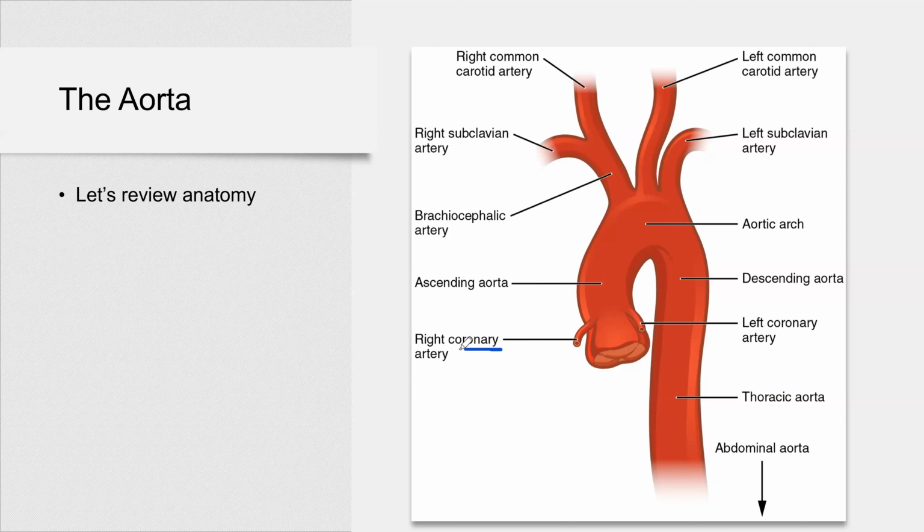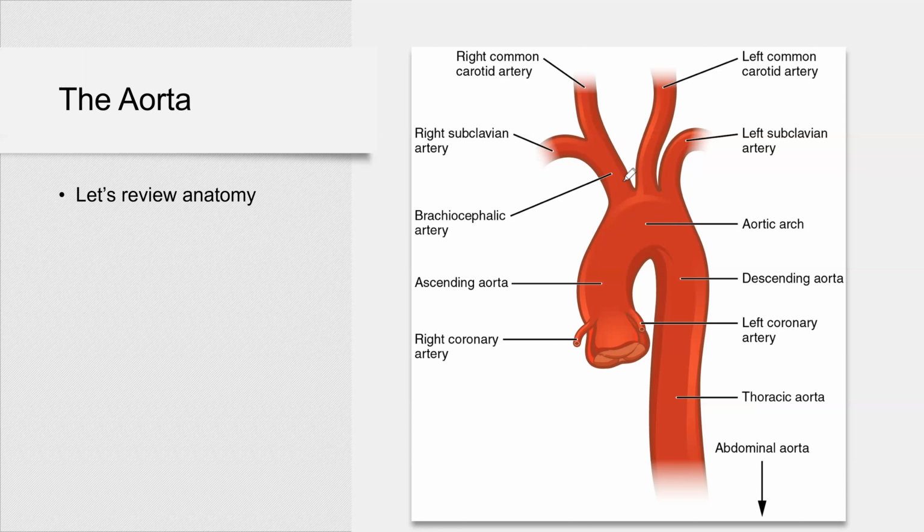Now, coronary arteries bring blood to your heart itself, to the muscle of your heart, to a myocardium and epicardium of the heart. Then from aortic arch, you will have 3 branches, 1, 2, 3, and those branches will bring blood to your neck, head, and upper limbs. So your arms, forearms, and your hands.